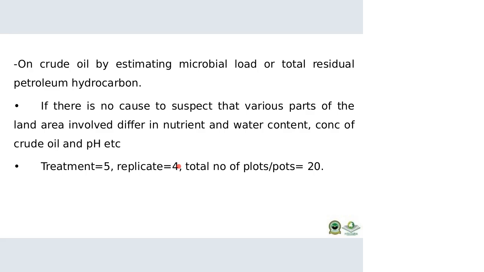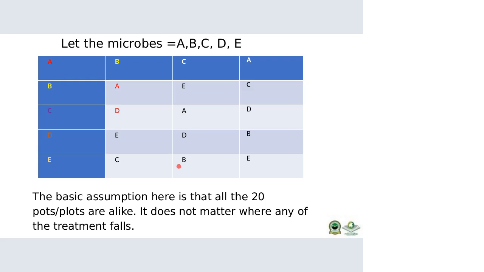For each microorganism, we replicate it 4 times. At the end of the day, we'll have a total of 20 experimental units or 20 plots where we are going to observe the growth of the microorganisms, or measure the residual concentration of petroleum hydrocarbon.